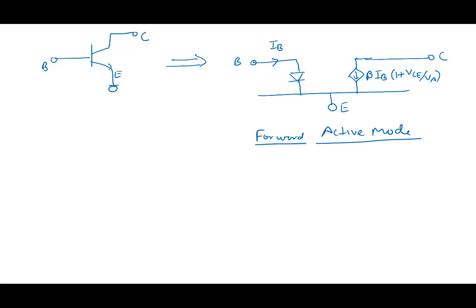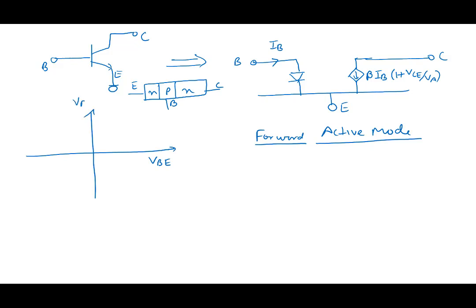Now let's draw the transistor here: N, P and N, right? Emitter, base, collector. Let's suppose we draw here VBE and here VBC.